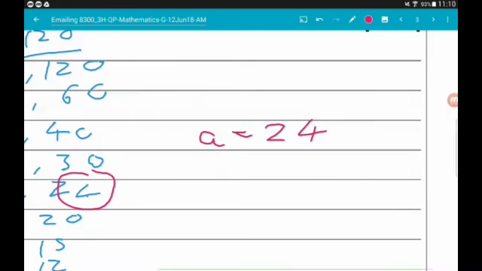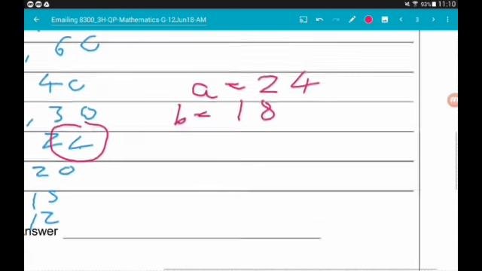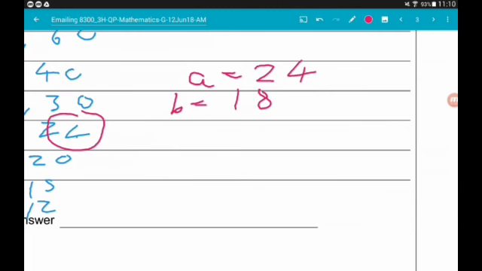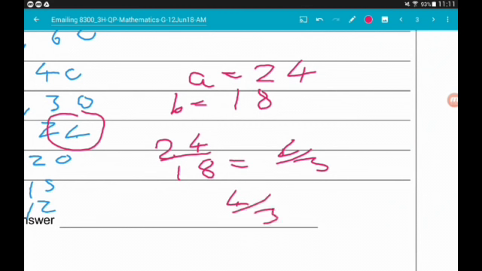So B is 18. So our value for A over B is going to be 24 over 18, which simplifies to 4/3. So 4/3 is our answer. Cool.